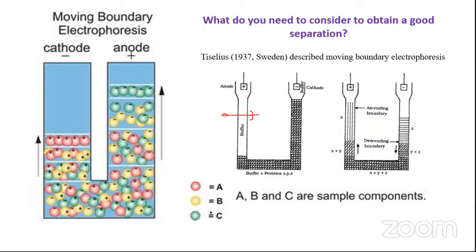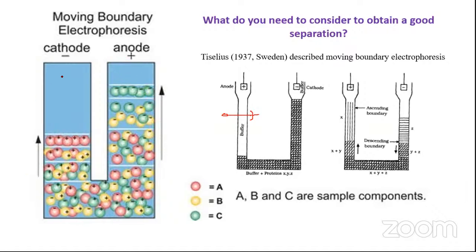What do you think? Will you get a good separation? So we consider a situation that there are three molecules A, B, C suspended in your sample, which is like this, and you turn on the current.